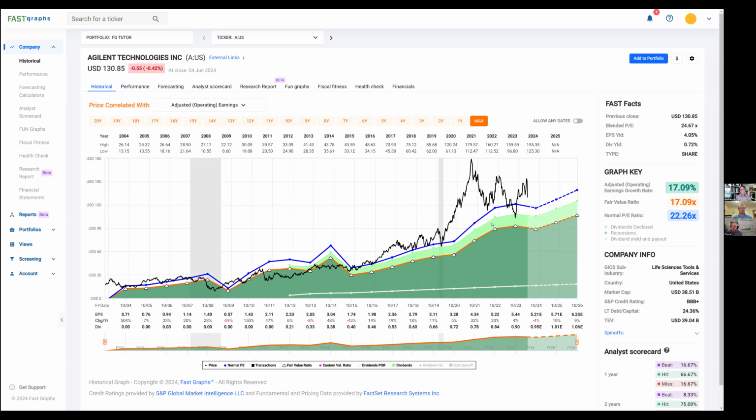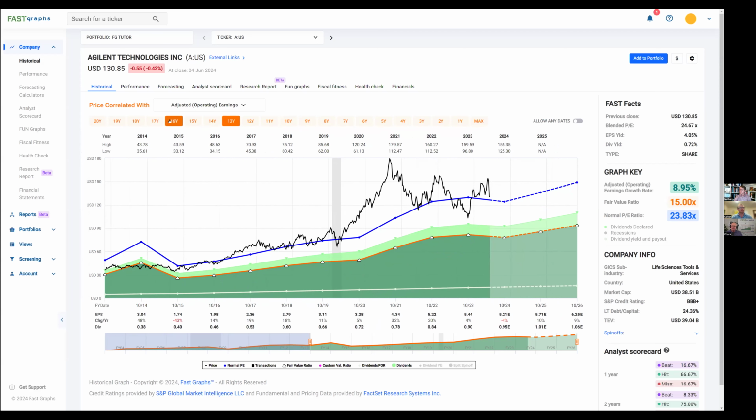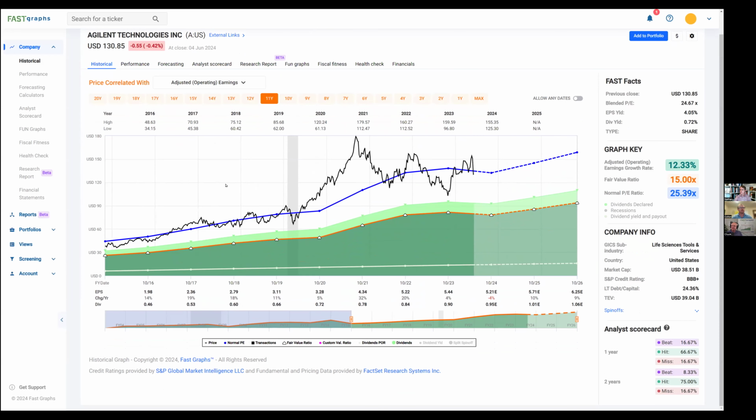This whole dark green shaded area is the earnings of the company cumulatively, how as they've grown and how much earnings they've delivered for their shareholders. The area below this white line is the actual dividend payout ratio, what portion of these total green earnings the company paid out. So I'm going to shorten this so we get into just the time frame here where Agilent has paid a dividend.